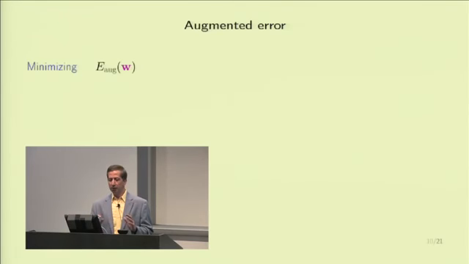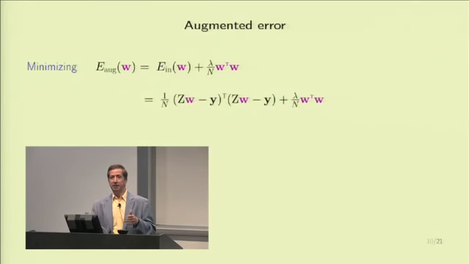If you are minimizing E augmented, what is E augmented? We used to minimize E_in. Now we augmented it with another term, which is a regularization term. So we write it down this way, and this simply can be written for this particular case because E_in is no mystery. We have a formula for it. And you look at this, and now this looks very promising.